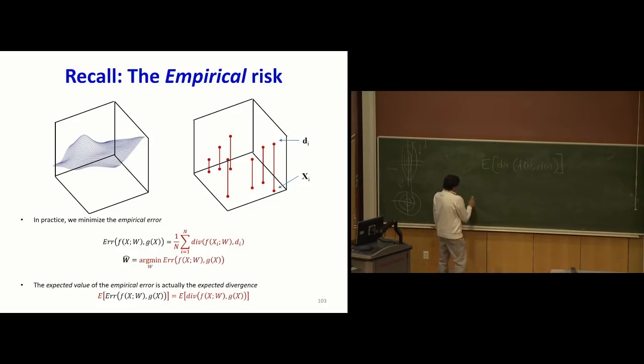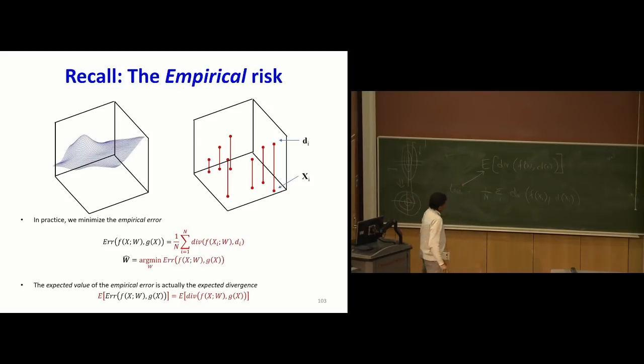What I am minimizing is 1 over n summation over i of the divergence of the function at xi, comma, the desired value at xi, right? Now, this is my error. So this is my loss, right? This is what I'm minimizing. The two are not the same.